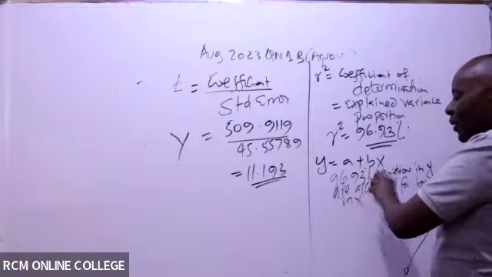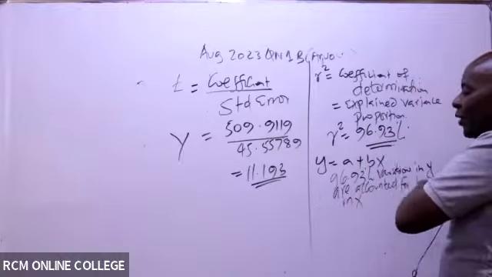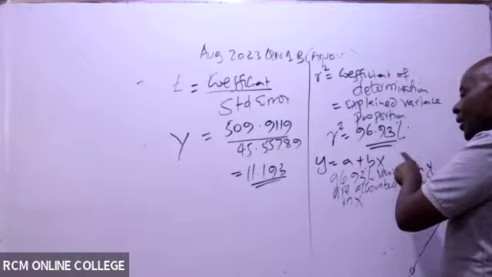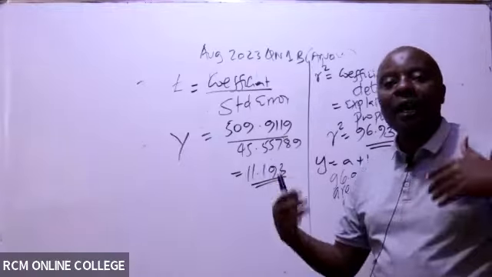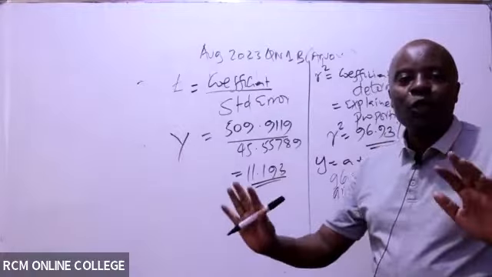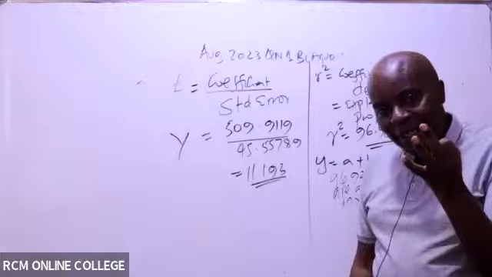So 3.1% of changes in y is attributable to other factors which are not in this model. As a statistician, will I start doing a whole other research to bring in another variable for only 3%?